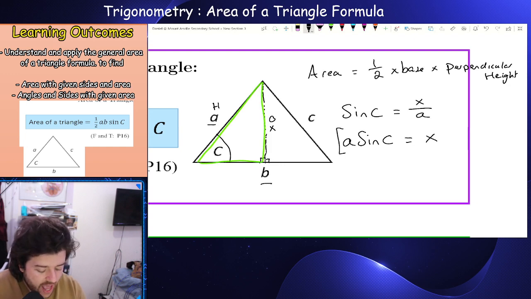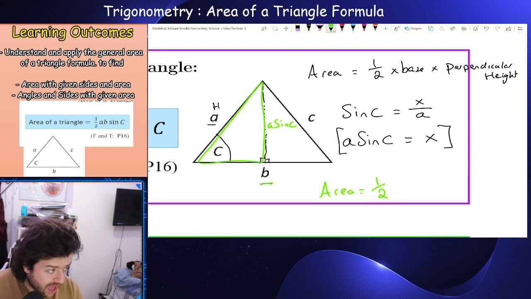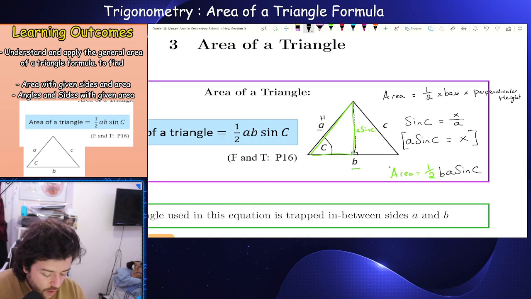So now I have my perpendicular height and I have my base, right? So I'm going to put a sine C, and I have my base b. If I put that into my formula, area equals a half base, well the base is just b, times the perpendicular height, which is a sine C. And so that is how we derive the formula up here.